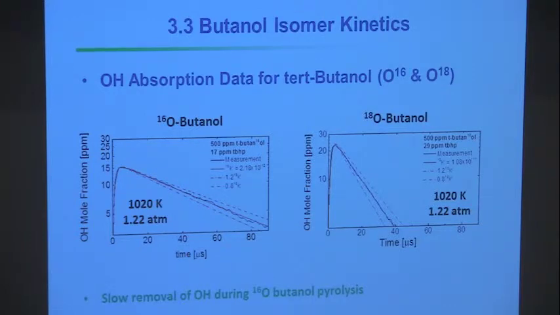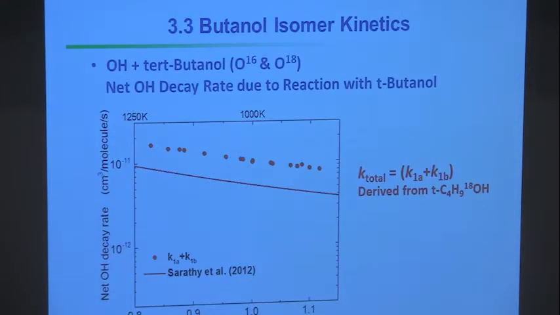So now we go to the trick and remove that, and you see that the net OH removal, once you've done the isotopic labeling, is different. So there's this difference in slopes that allows us to unravel the site-specific reaction of OH plus butanol. It shows faster removal.